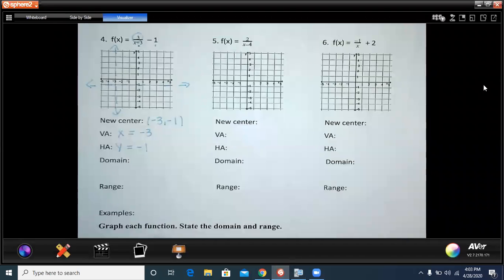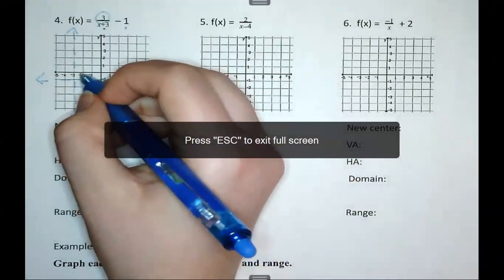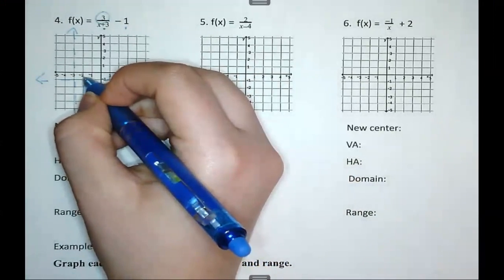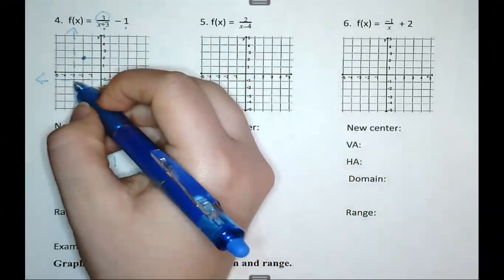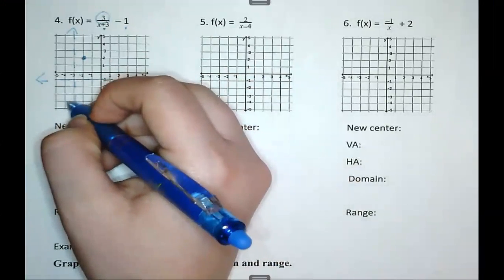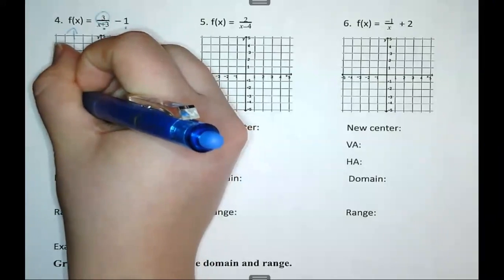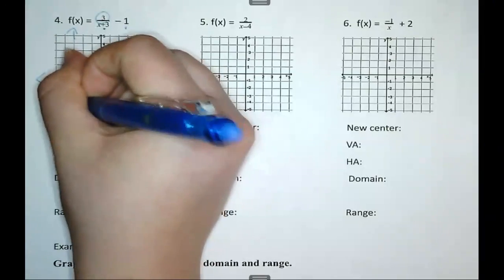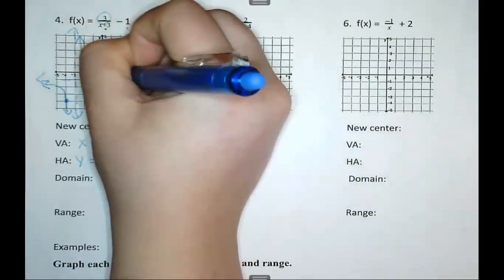So I'm still going to go over 1, but now I go up 3 places. And I'm still going to go over 1, but now down 3 places. Okay, and then we just draw in our sketch. And it looks something like this.